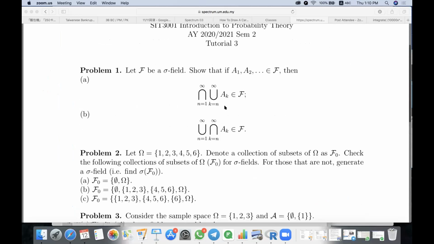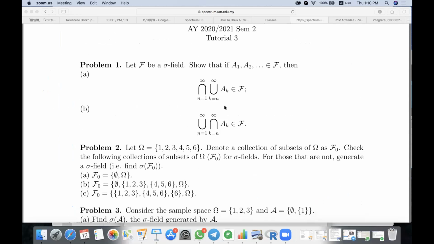Maybe we assign some students to do it. Who would like to try problem 1? Just show that those operations will lead to members in a sigma field.